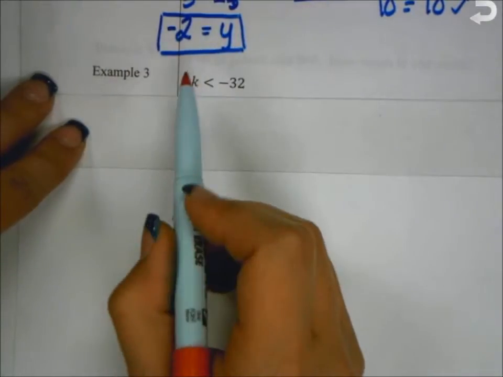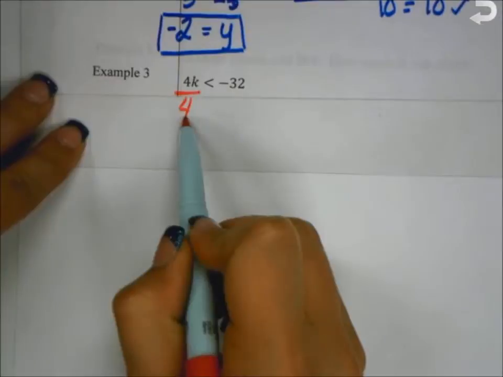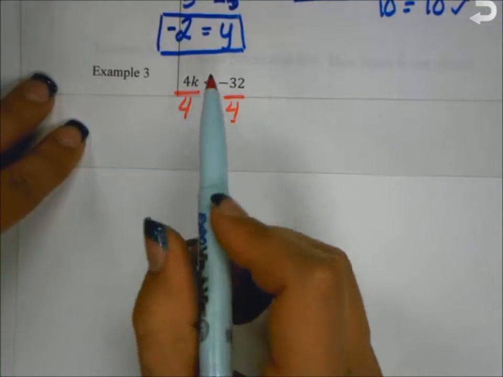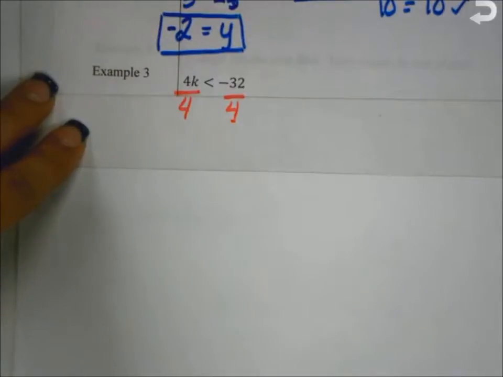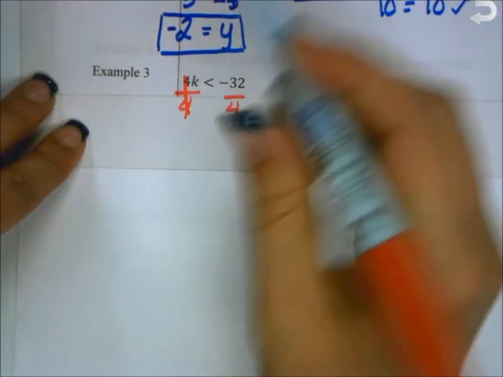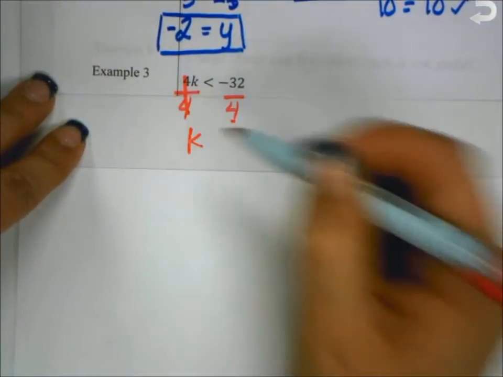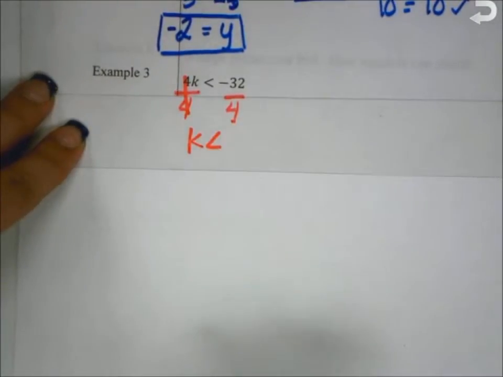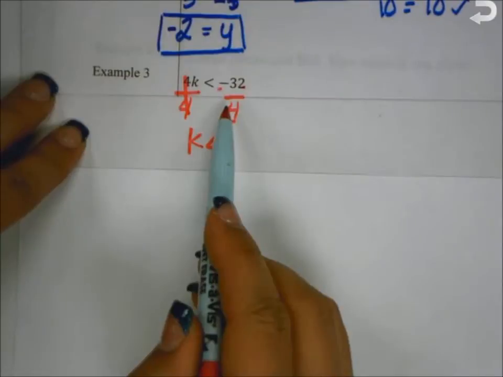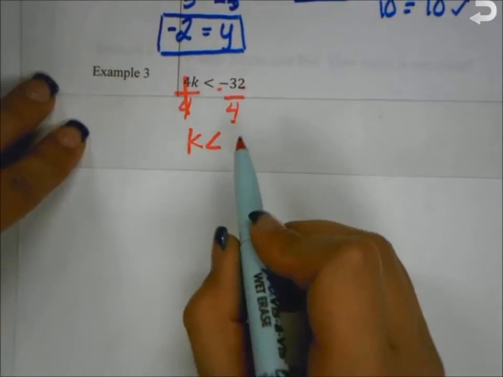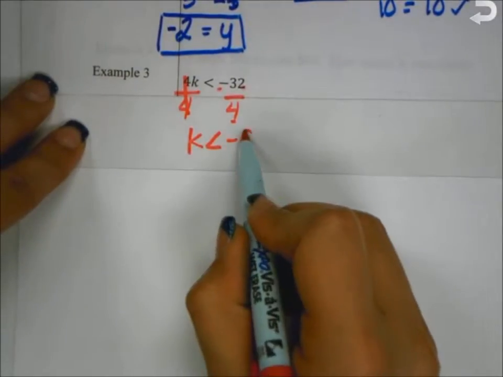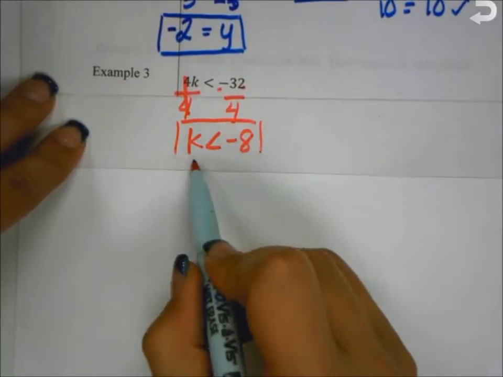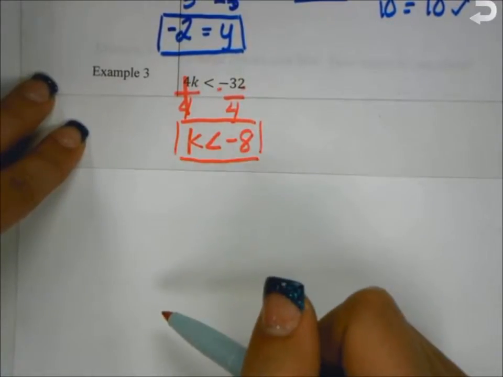Divide both sides by 4. 4 divided by 4 gives me what? 1. So on the left-hand side, I'm just left with a k, less than negative 32 divided by positive 4? Negative 8. So my answer is k less than negative 8.